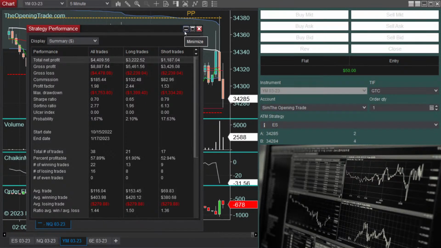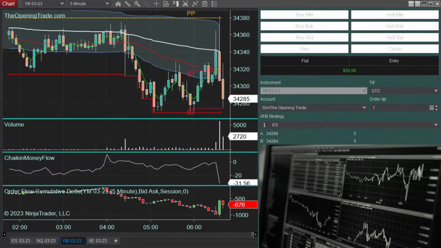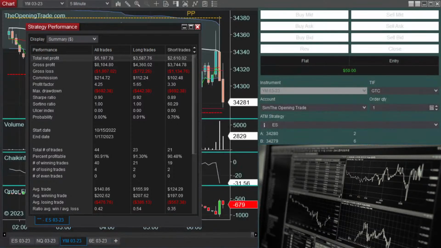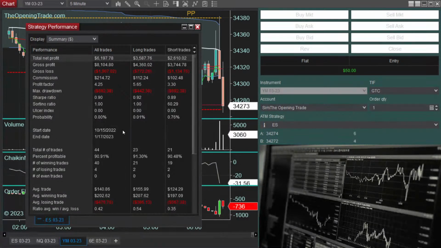Again, this is showing from October 15th to today. And we have one more for you, which is our ES, which is the S&P 500 futures account. Again, this start date was October 15th through today.